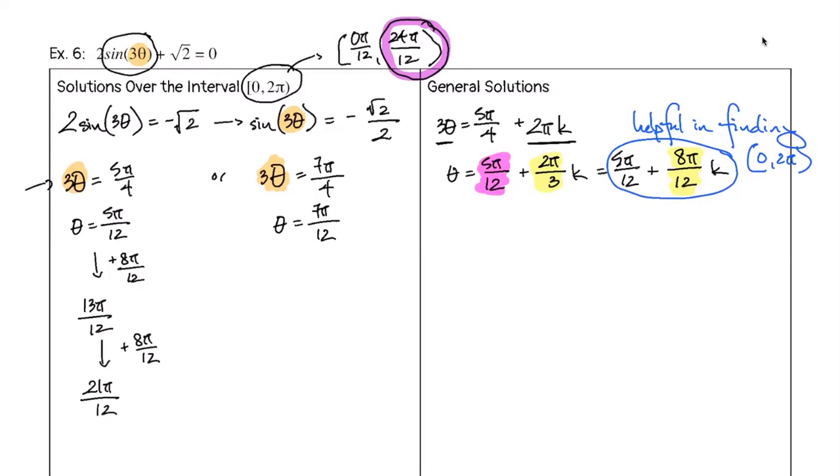Sometimes, though, we don't go a full rotation to find another solution. Well, how far around the circle do we go? We go 2 pi divided by 3. That's our new rotation for this particular question because we have 3 theta, not theta.